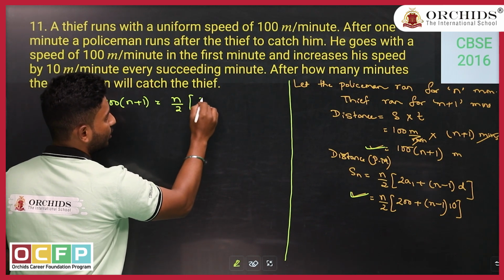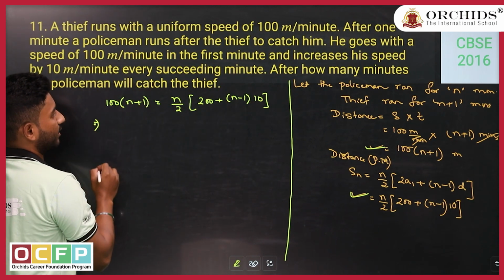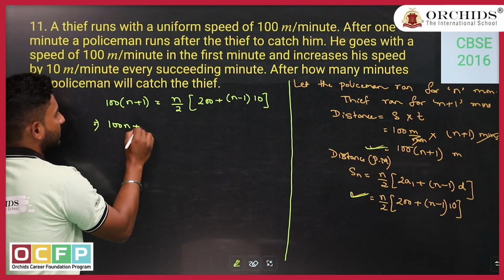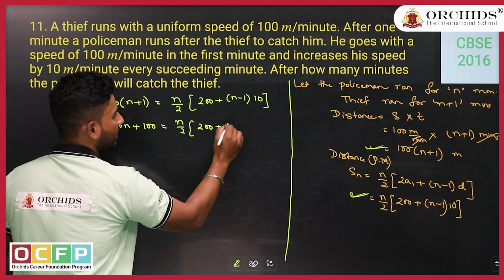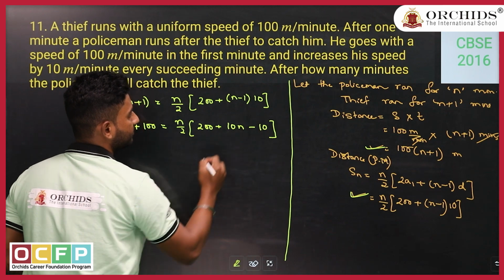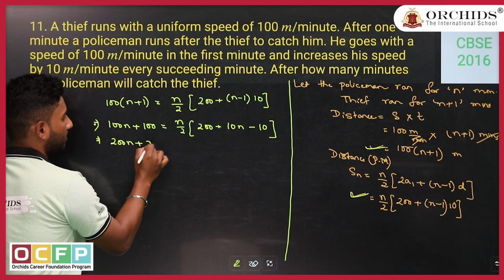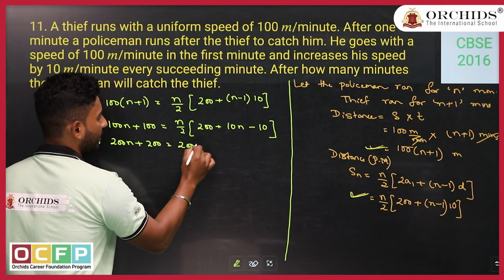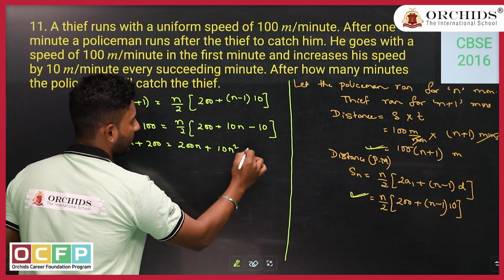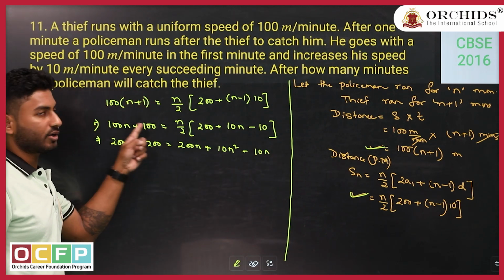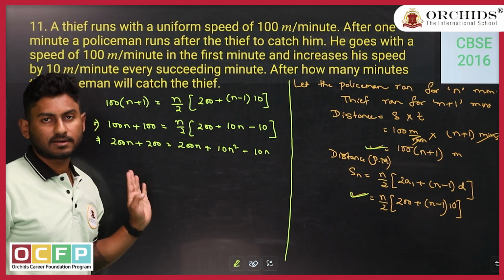Let's equate it. And I hope you have understood why I am equating, because both the distances are same. n by 2, 200 plus n minus 1 into 10. Okay, let us solve it now. 100n plus 100 equal to n by 2, 200 plus 10n minus 10. Bring the 2 to this side, it becomes 200n plus 200 equal to n into 200, 200n, n into 10n, 10n square, n into 10, 10n.